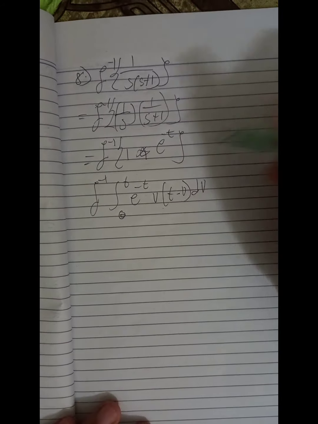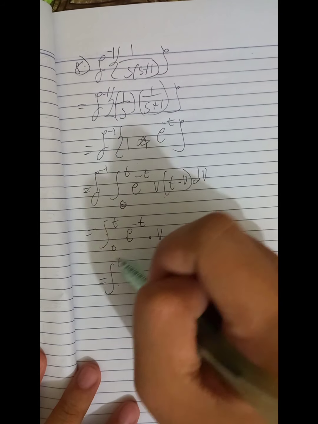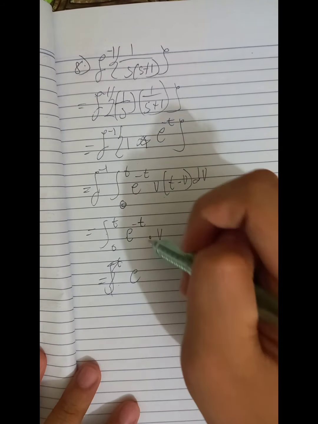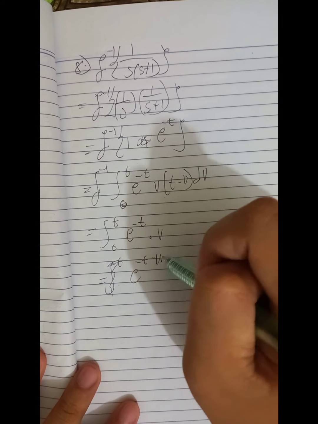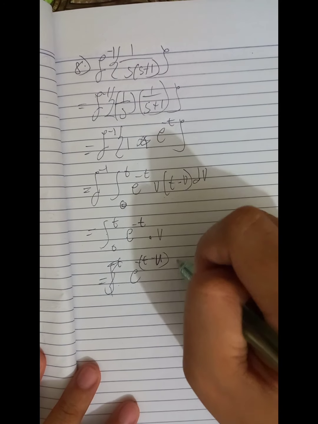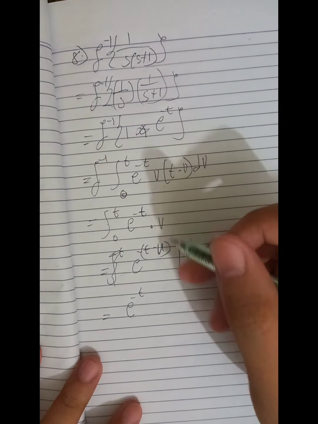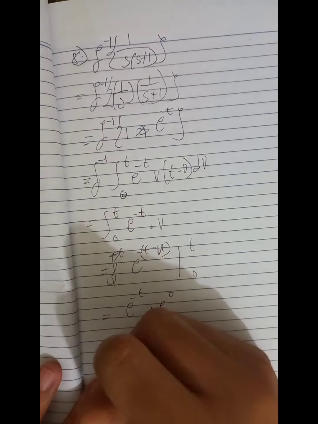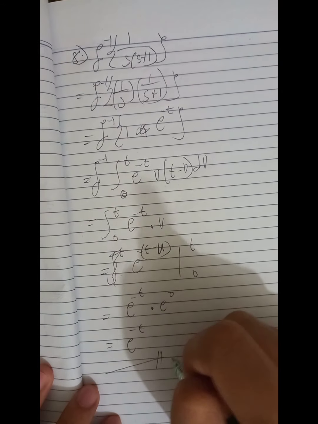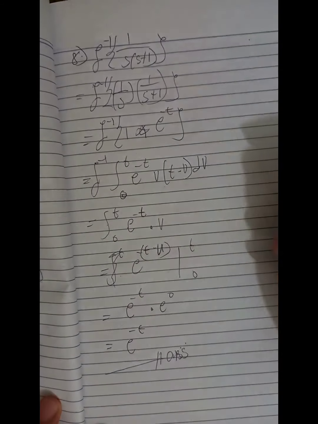So we have to integrate and then distribute the limit, which is 0 to t. So the final answer is e raised to negative t.